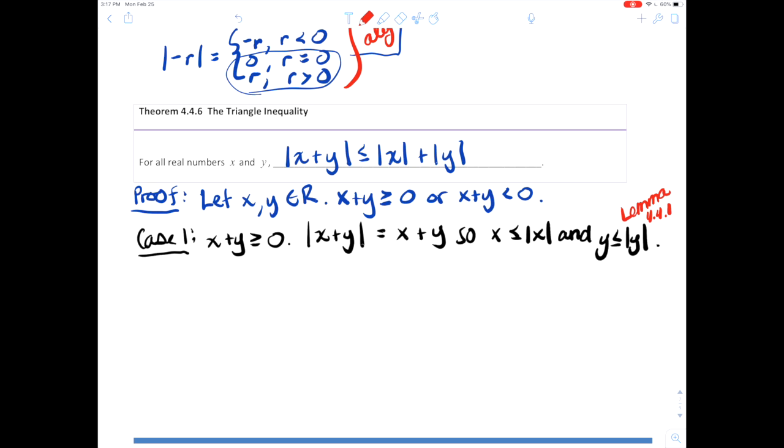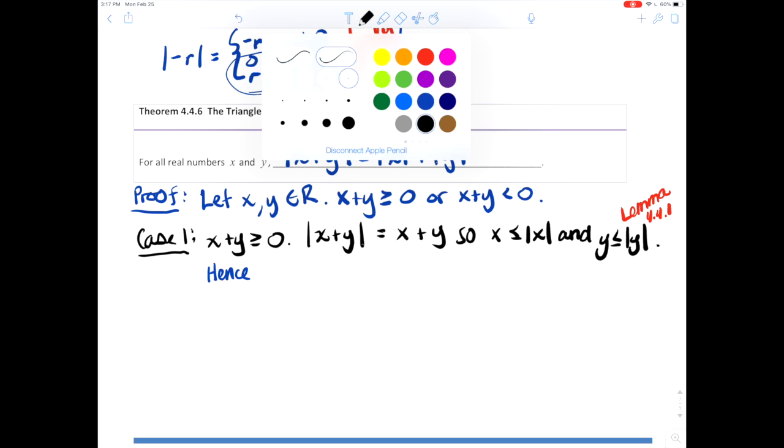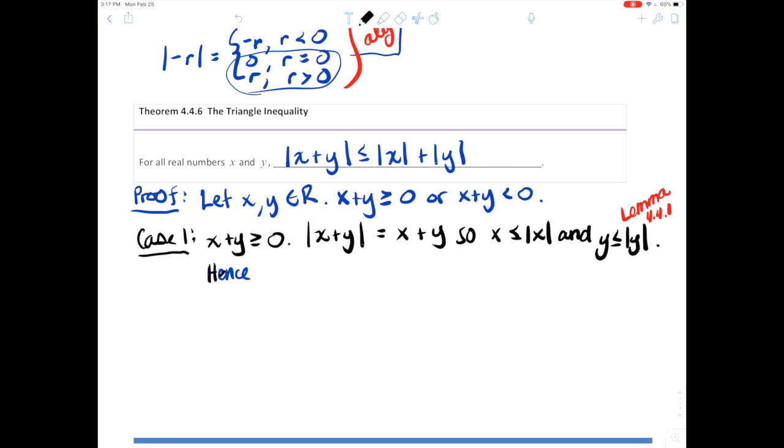All right, so hence, absolute x plus y, which is equal to x plus y, must be less than or equal to absolute x plus absolute y.